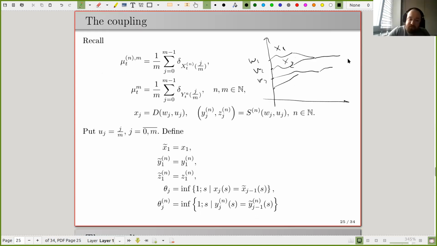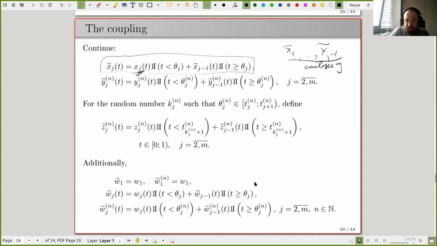And theta_g is the first moment this meeting happens for y's. And we do the very same for y's. We allow them to live until they meet, and then we merge them together. However, for z tilde_g, we should apply a strategy that is a bit different.